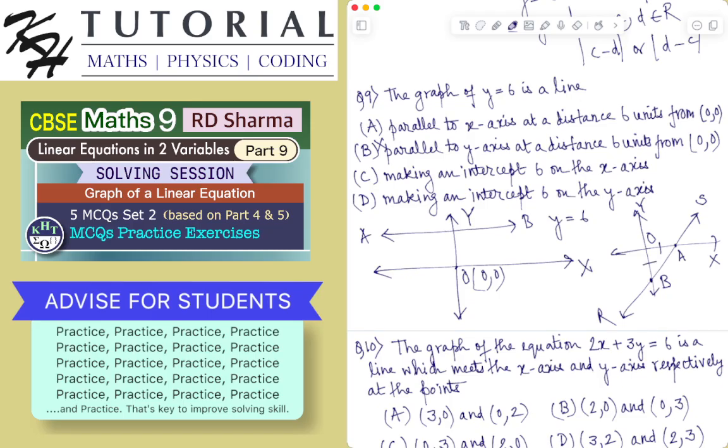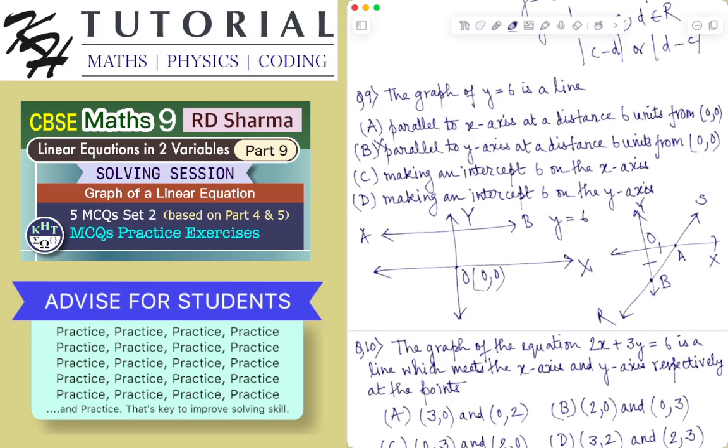Now clearly the line y equals 6 is not making any intercept on the x-axis. Making an intercept 6 on the y-axis?